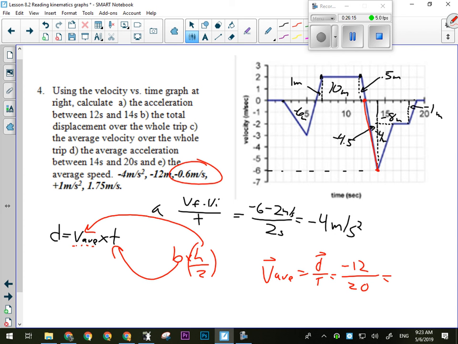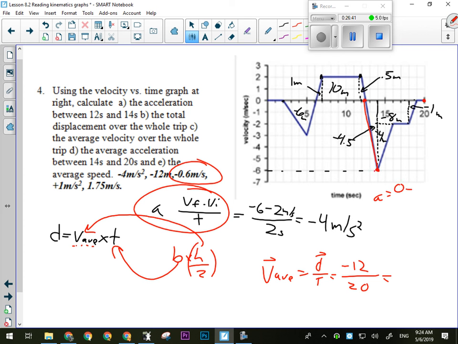And then for part D, we're looking for the average acceleration between 14 and 20 seconds. So here's time 14 seconds right here and 20 seconds. Again, average acceleration is this formula here, VF minus VI over T. My final velocity is 0.